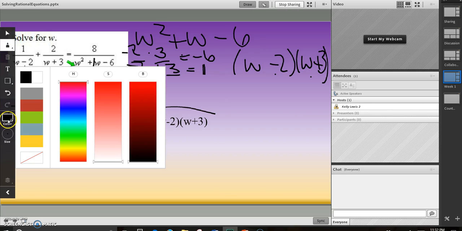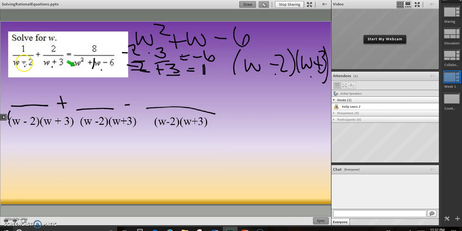So here we are. So I have w minus 2, but I need a w plus 3 on the bottom, so I need to multiply the top and the bottom by w plus 3. So when I multiply 1 times 1, w plus 3. Here I have a w plus 3, but I need a w minus 2 also on the bottom.